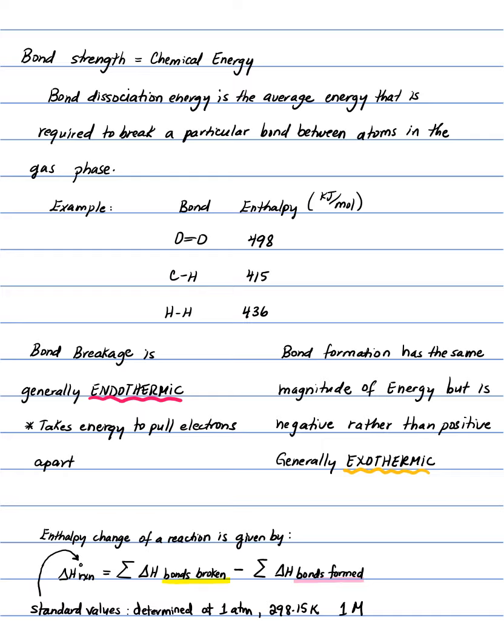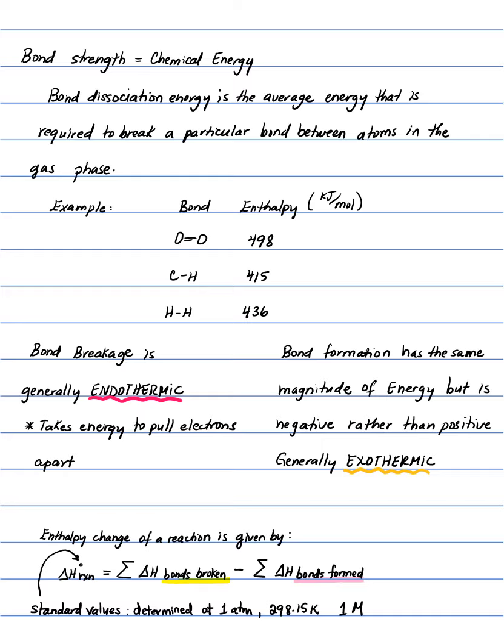So the difference with this symbol here, you see how I have delta H and a small degree sign right there. That degree sign means that we're using standard conditions, or values determined under standard conditions.